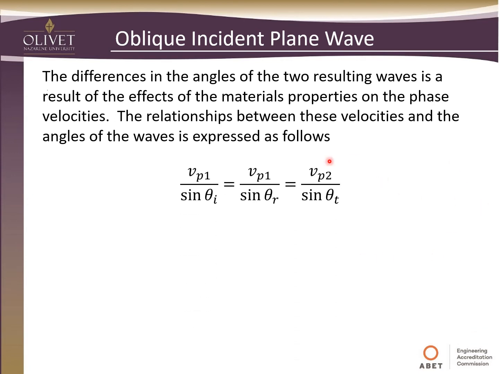We've got the phase velocity in material 1 divided by sin theta sub I, equal to the phase velocity again divided by sin theta sub r, the reflected, and then we'll have this new phase velocity in the second medium, which governs the angle theta t in the transmitted material. We need to remember in general that this phase velocity is a function of the material itself. So what's going to govern this change is the change in the permittivity and the permeability.